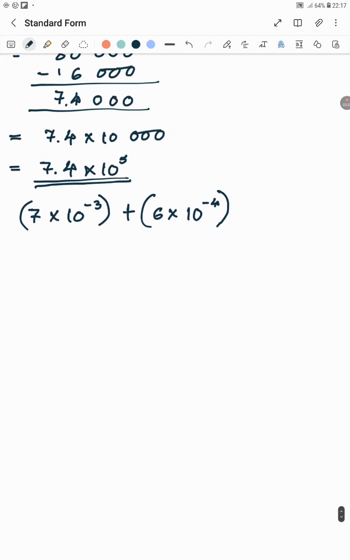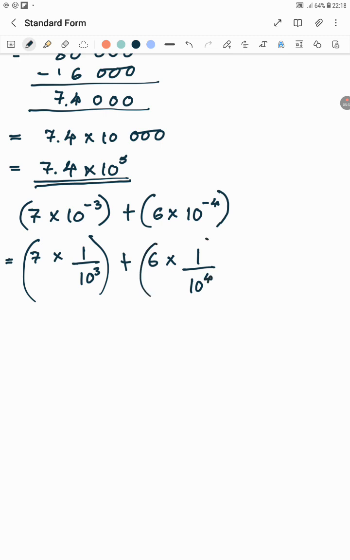So here there are many ways of doing the same thing, but I'm going to do it this way. Let's say this one is times 1 over 10 to the power 3, and this one is times 1 over 10 to the power 4. So this is 7 over 1000 plus 6 over 10,000.